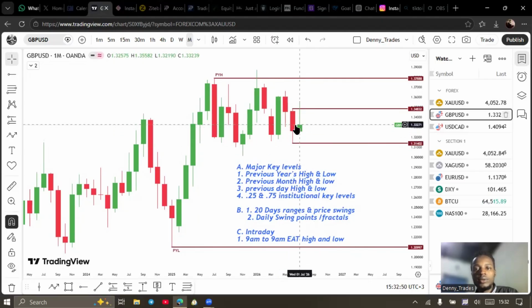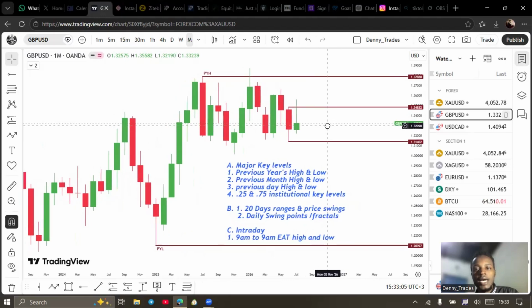So when price is trading inside the previous month's candle range, it's either going to trade above or below. That is called bias.